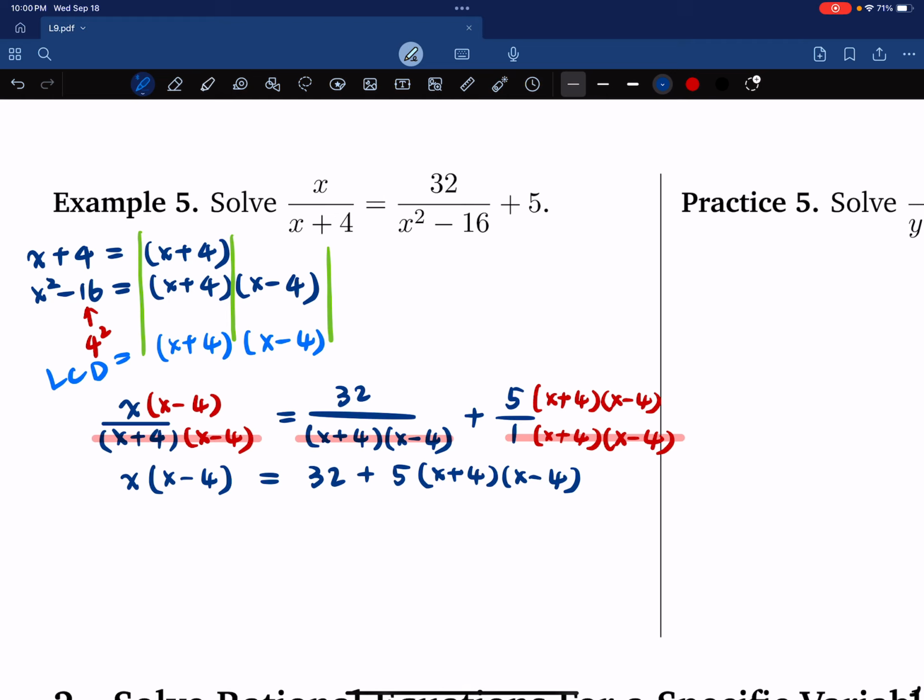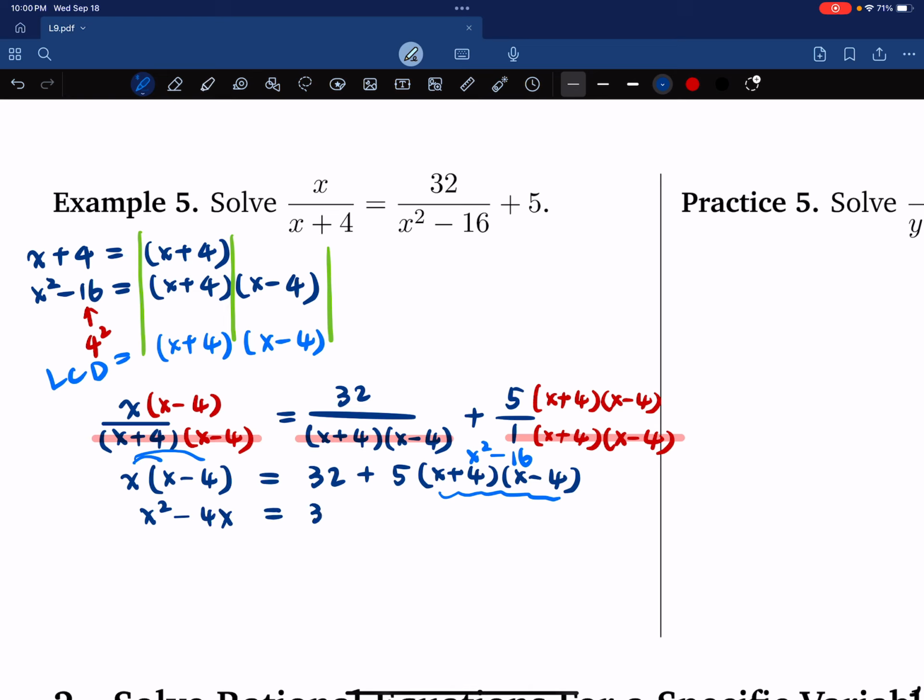Let's simplify this by distributing. So we have right here, distribute. And then over here, this piece is simply x squared minus 16, right? Because we factored it. We could use the original expression instead, or you could FOIL. x squared minus 4x, that's on the left-hand side.